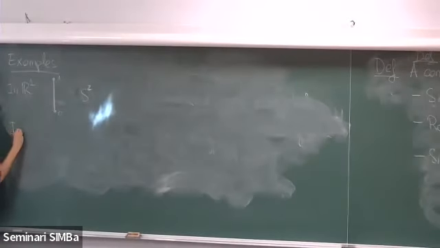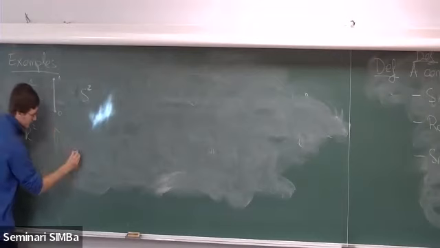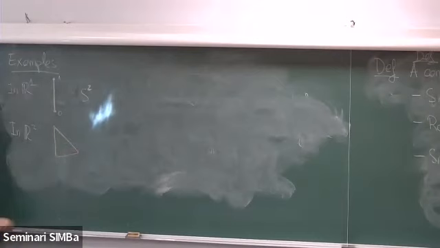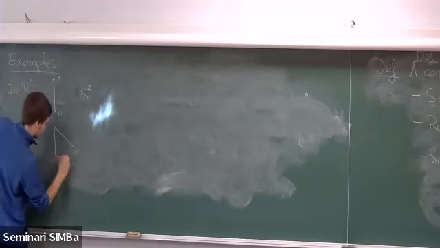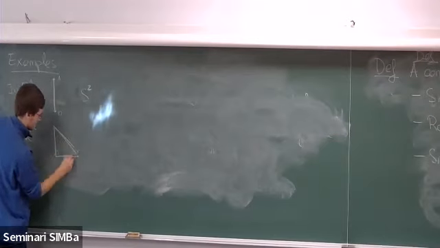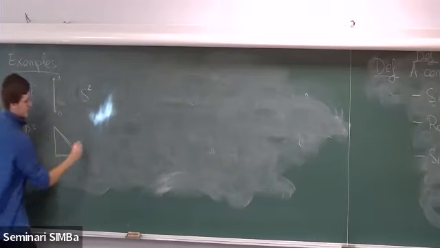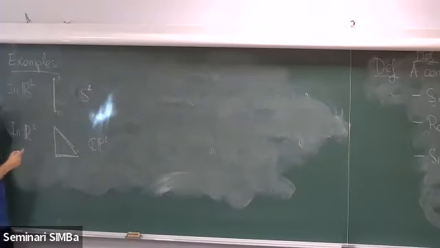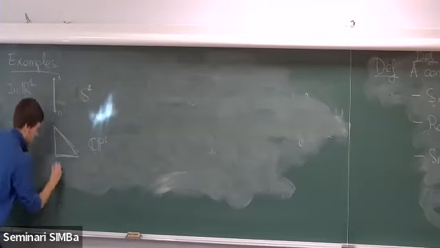In R2, what can we have? We can have, for instance, the example that we saw before, the isosceles triangle, which corresponds to CP2. But we can also have the square.